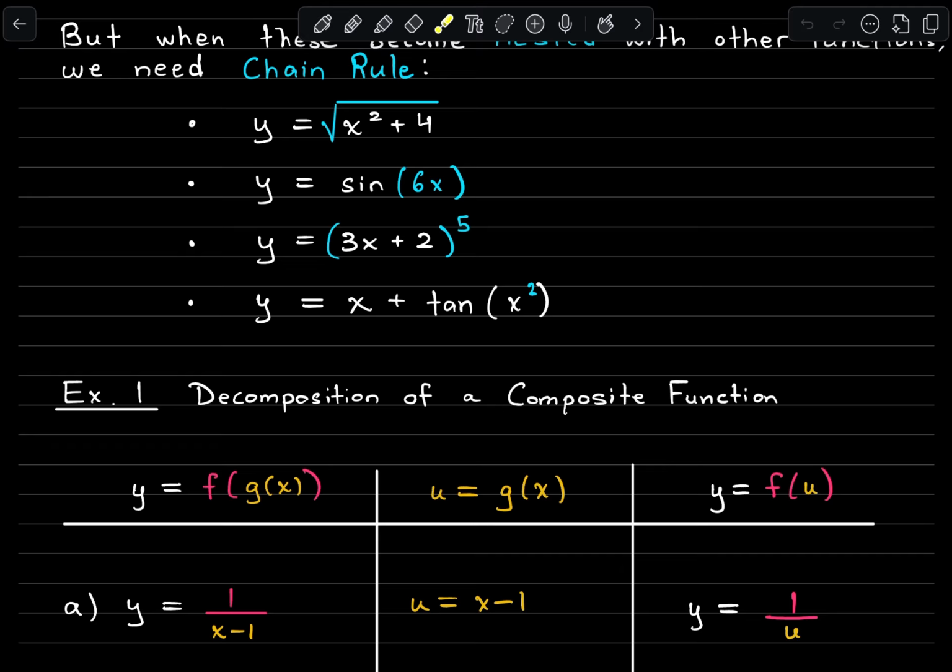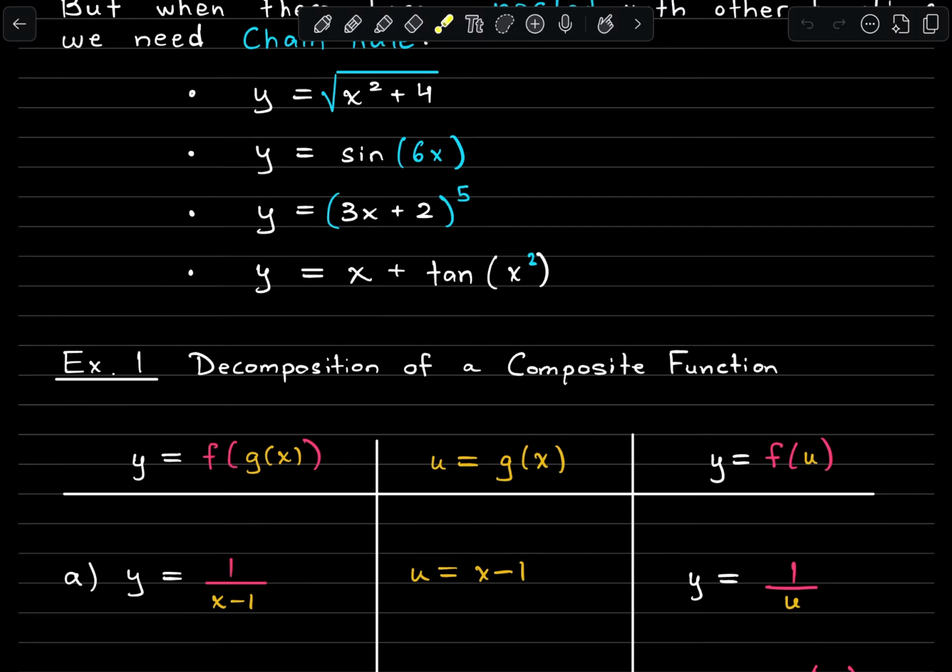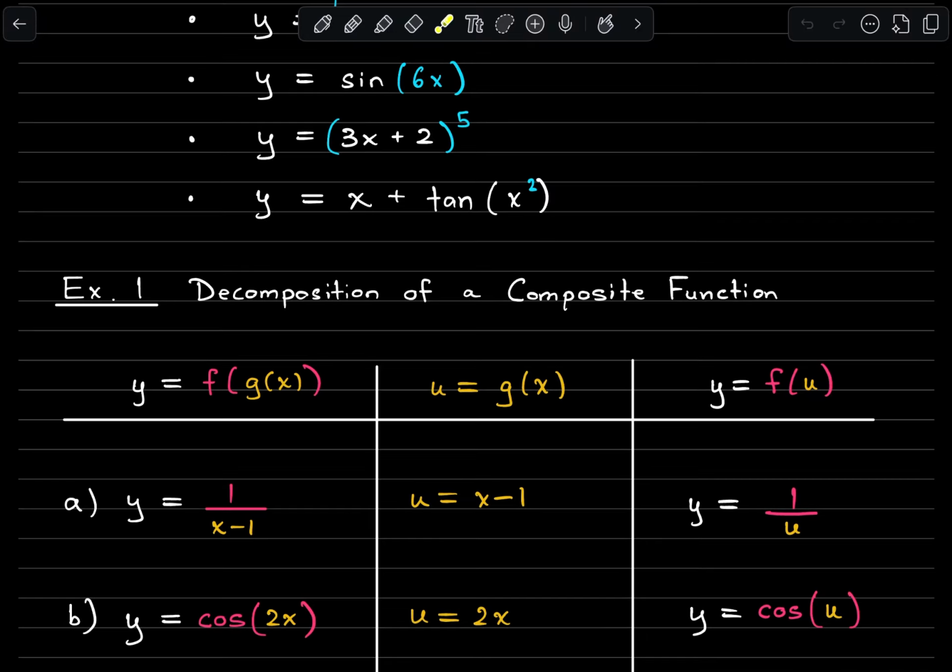So this is 1 divided by u. So all we really ended up doing is replacing that denominator with u. And you could also have represented this as u to the negative 1, for example. So that negative 1 would be the outer function.